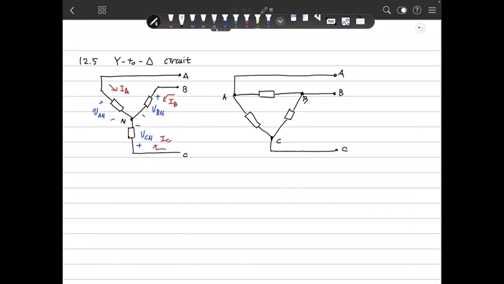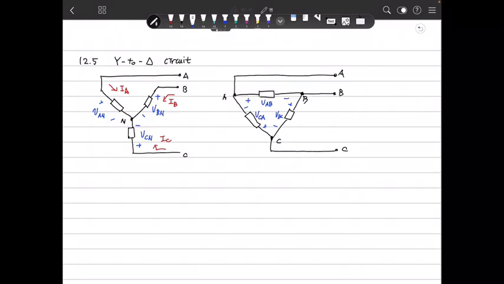Here we need to define three voltages and currents because there are three elements. I will name this V_AB, this V_BC, and this V_CA.